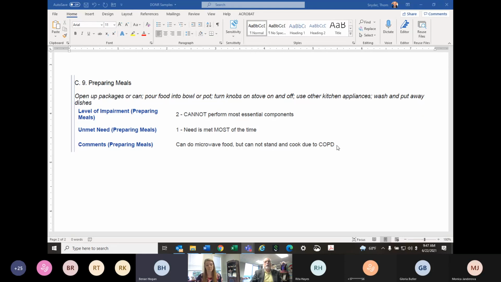So what would your care plan look like here? Assistive technology, after I know why she cannot stand. She can use a wheelchair, she can use other things like a can opener, if I know that she cannot open packages.